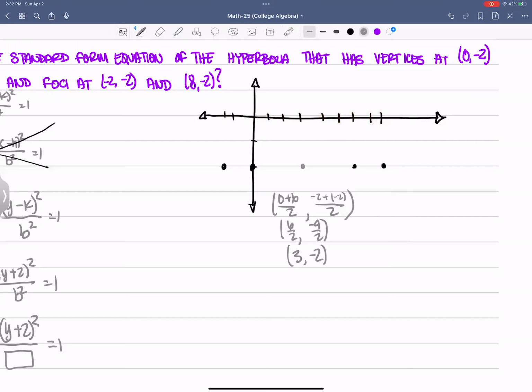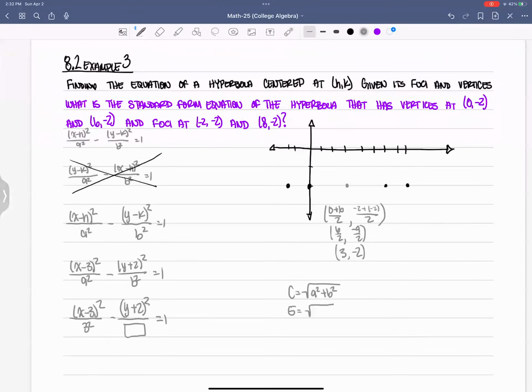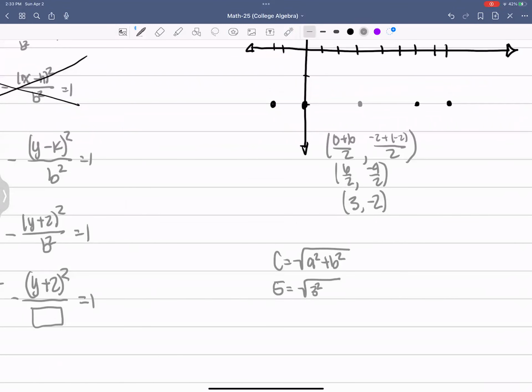In our equation, c is equal to the square root of a squared plus b squared. We know that c is 5. So 5 is equal to the square root of 3 squared plus b squared. We can use this equation to figure out what b is.